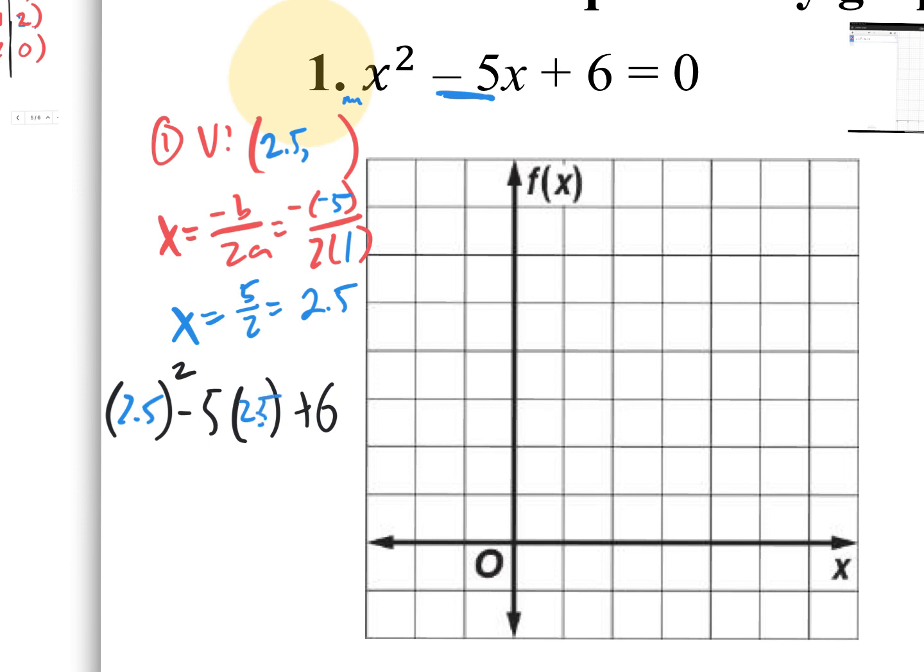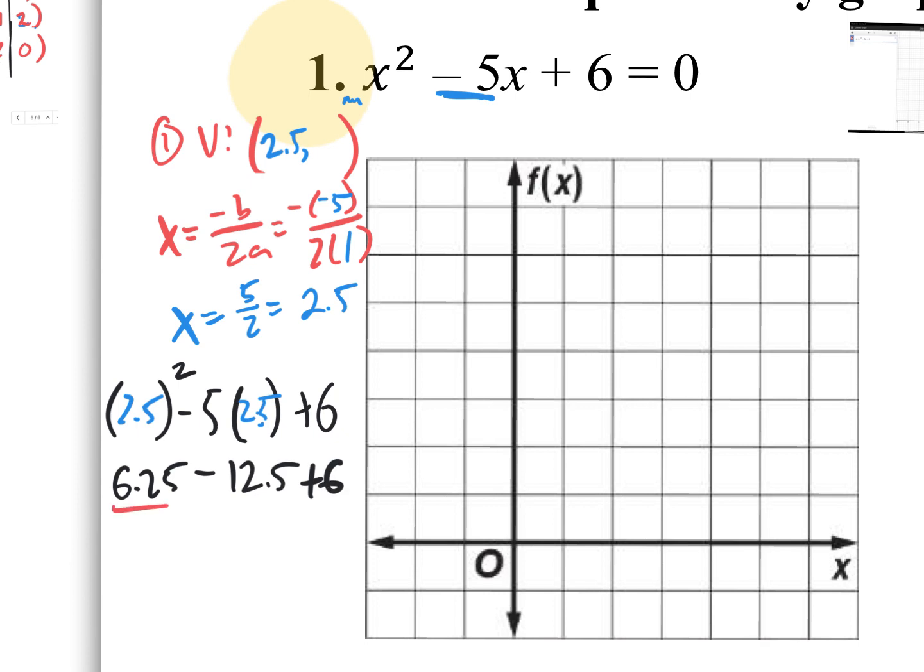But anyways, if I did go 2.5 squared, that's where the calculator comes in handy. 2.5 to the second power is 6.25. Take away 5 times 2.5, which is 12.5, plus 6.